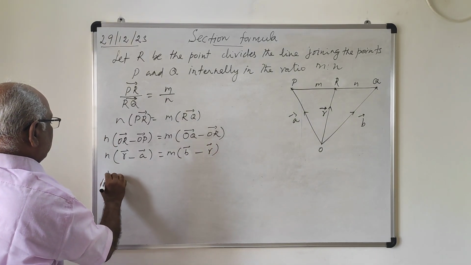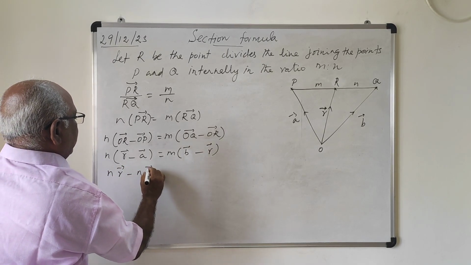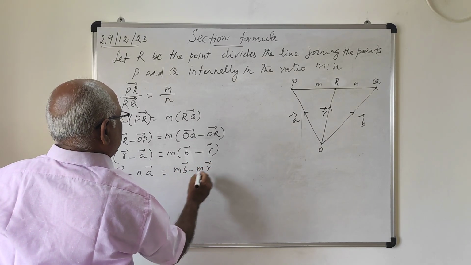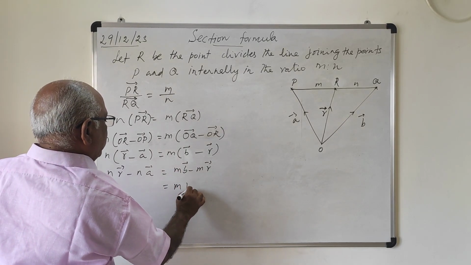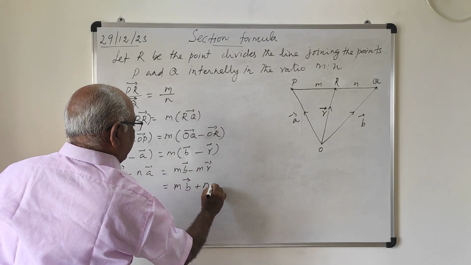Now multiplying out, m R minus n A equals m B minus m R. Keep mB on the right-hand side, and take the nA to the left-hand side, where it becomes plus nA.